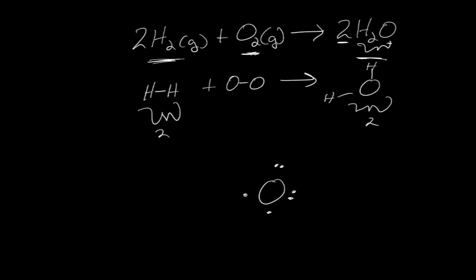We have 2 hydrogens available, a hydrogen here and a hydrogen here, and each of them has 1. Does it make sense that this water is produced? Will this be a stable molecule?